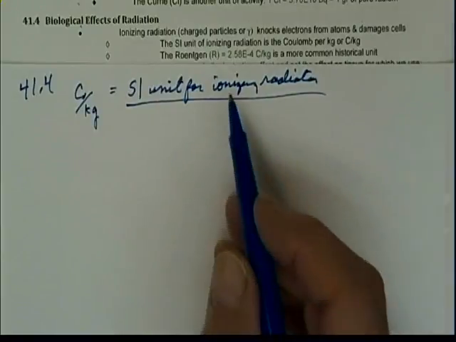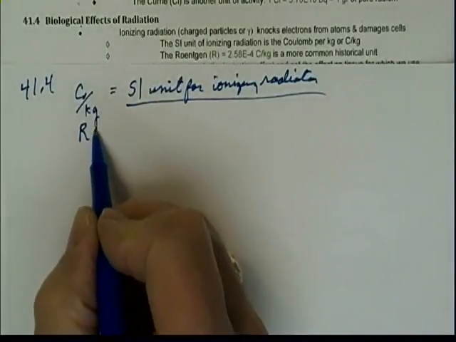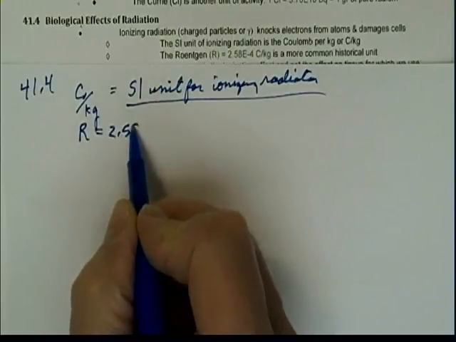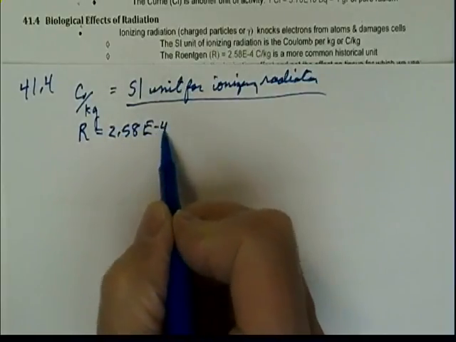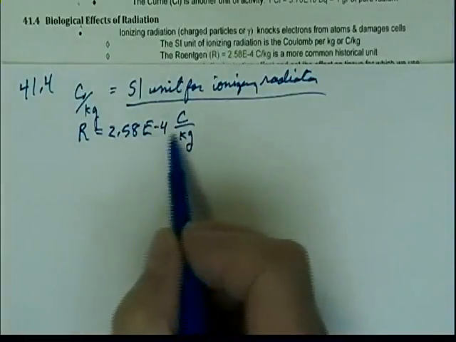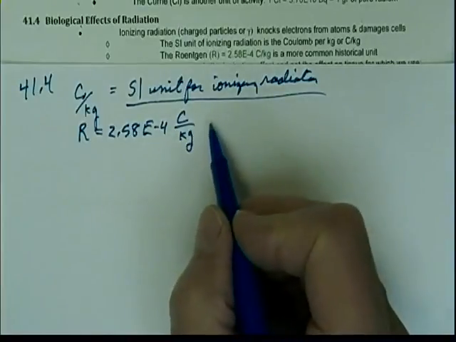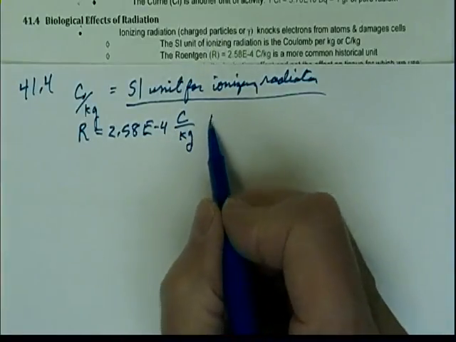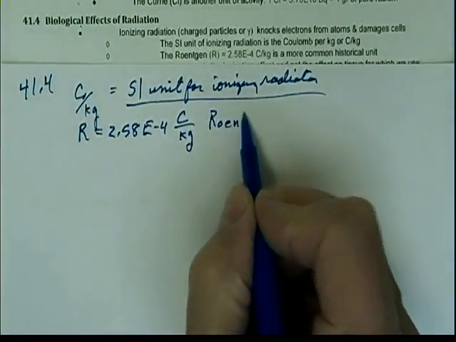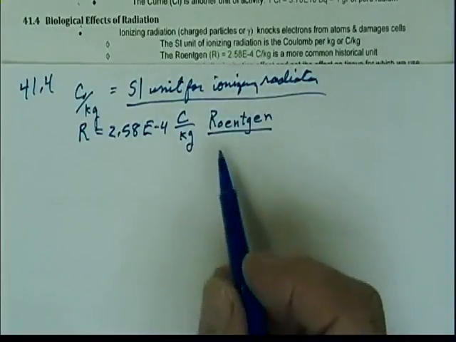The more common historical unit is the Roentgen. The Roentgen is actually 2.58 e to the minus 4 coulombs per kilogram. Of course, I don't expect you to remember these numbers, but you need to remember that they exist, and this is called the Roentgen. It's named for the man, Roentgen.